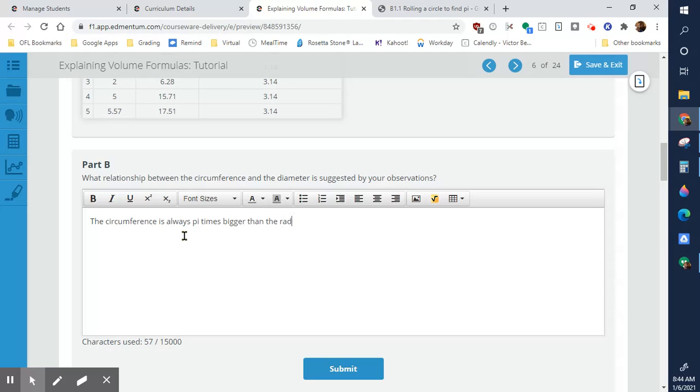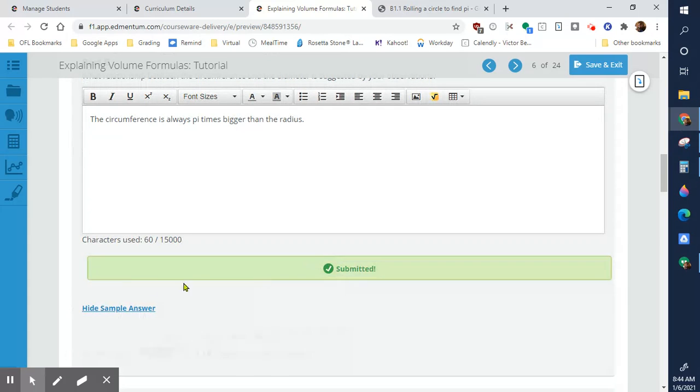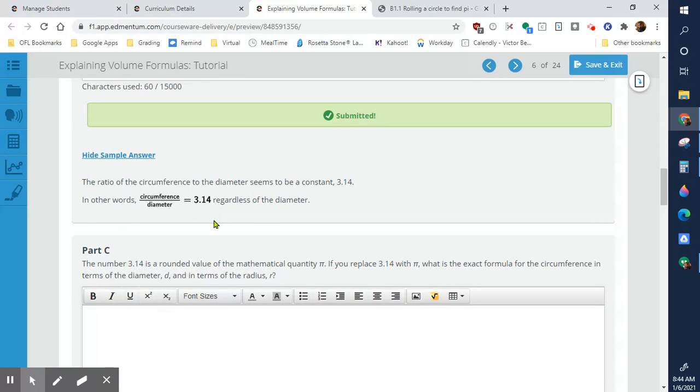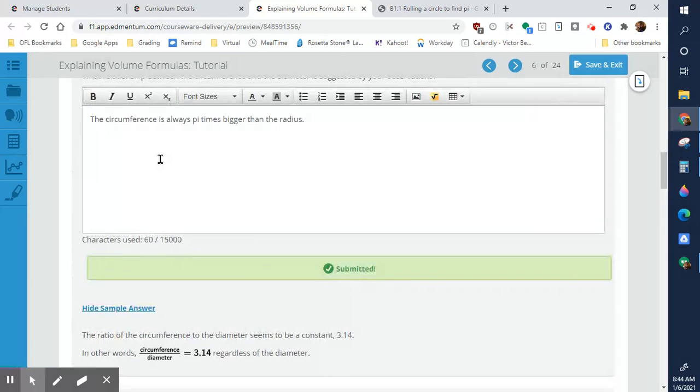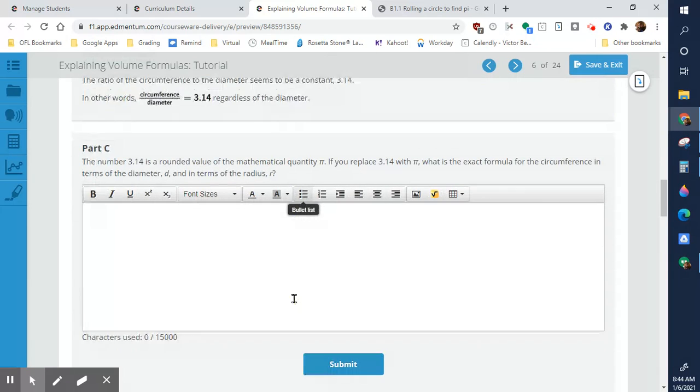Because remember, when we're dividing, we're figuring out how much bigger something is. So how much greater something is, we can figure that out just by doing some simple division. So it's pi times bigger. So we're going to do that. And they said that much. So basically it doesn't matter. I said always instead of like regardless of the circumference.